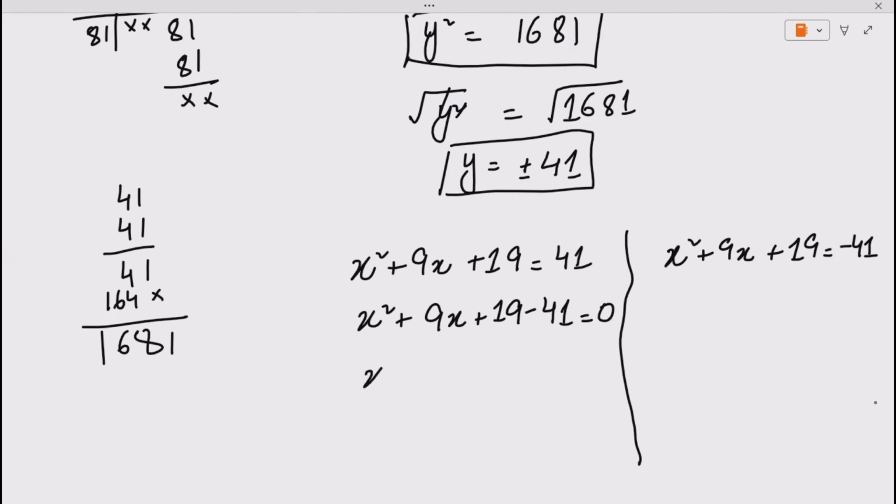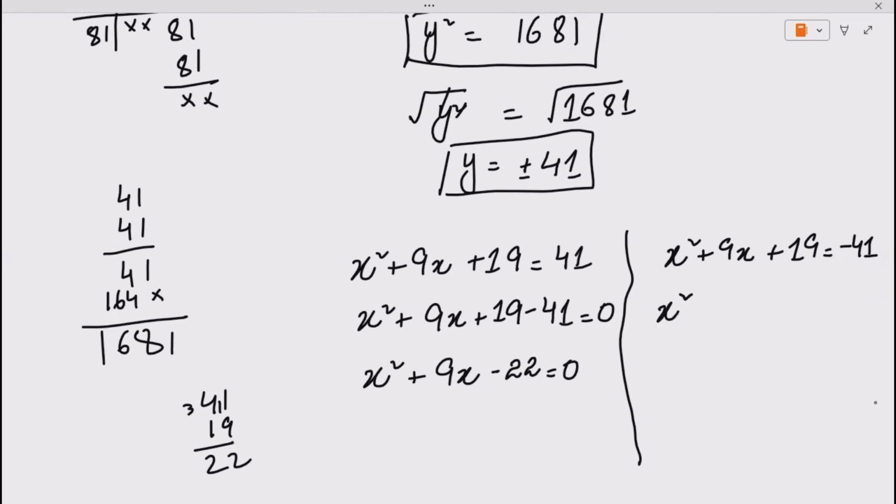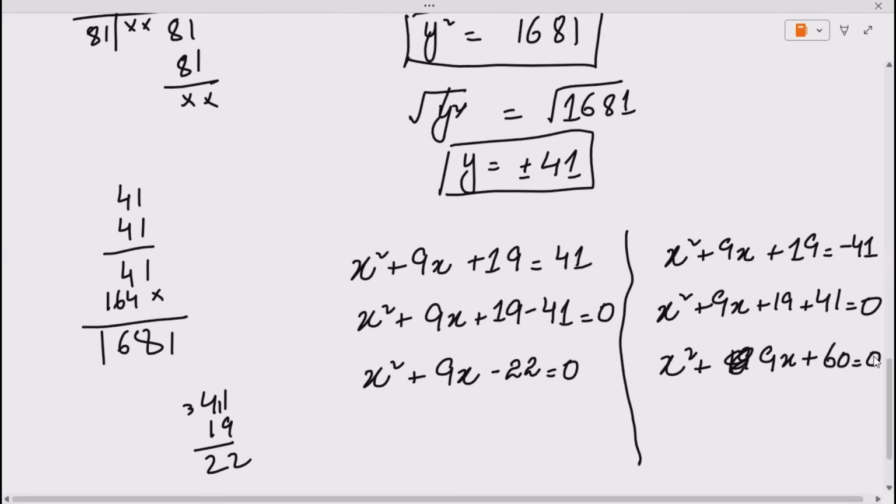So what we get: x square plus 9x plus, 19 minus 41, we get minus 22, equals 0. Here we have x square plus 9x plus 19, this minus 41 comes here, plus 41 equals 0. So it becomes x square plus 9x plus 60 equals 0.